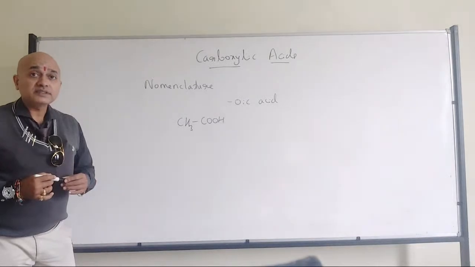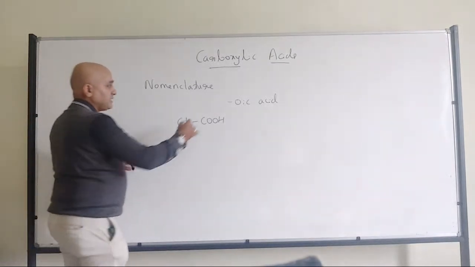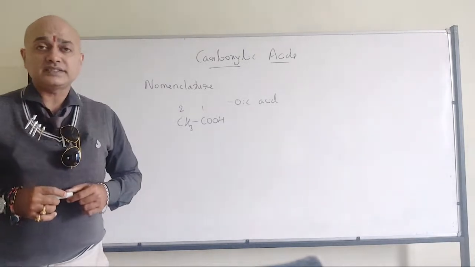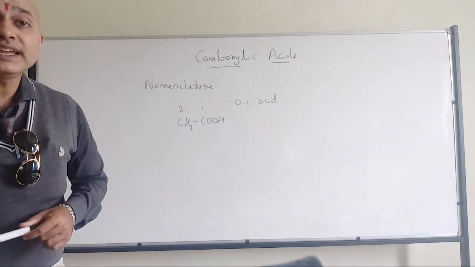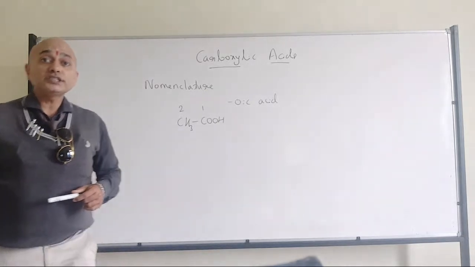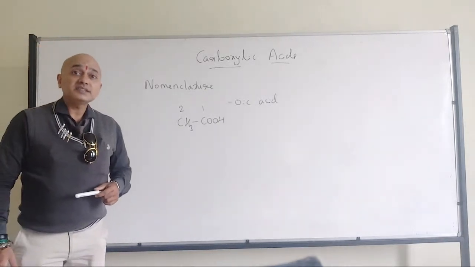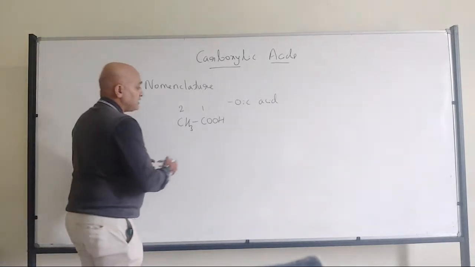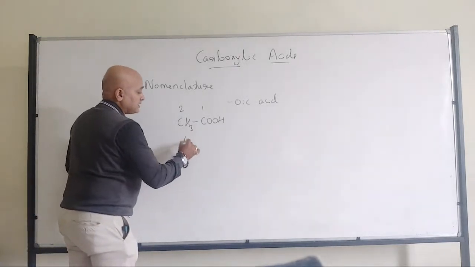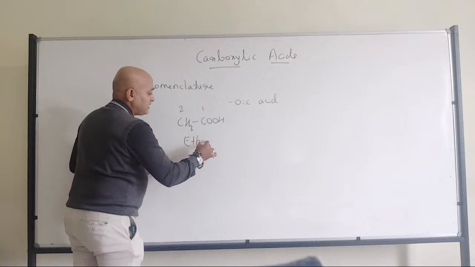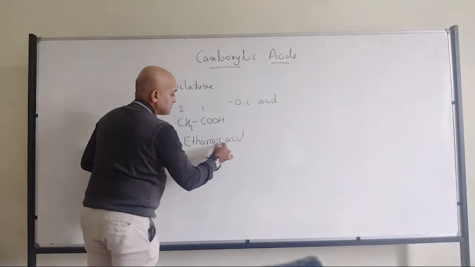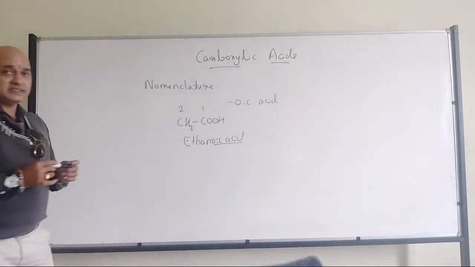How many carbons are there? 2 carbons, so 1 and 2. Same as with aldehydes and ketones, here also the functional group carbon will be considered part of the main chain itself. So we have 2 carbons, that means it's the ethane derivative, so we will call it ethanoic acid.